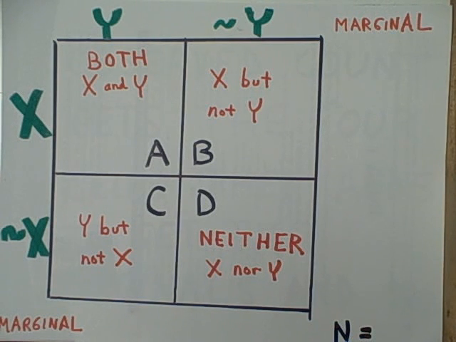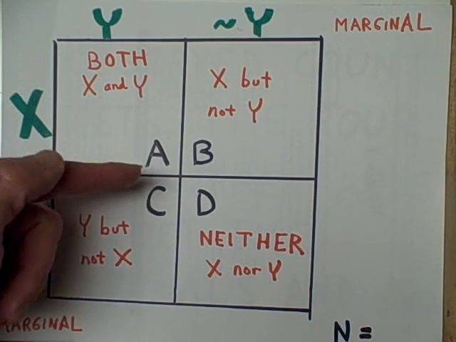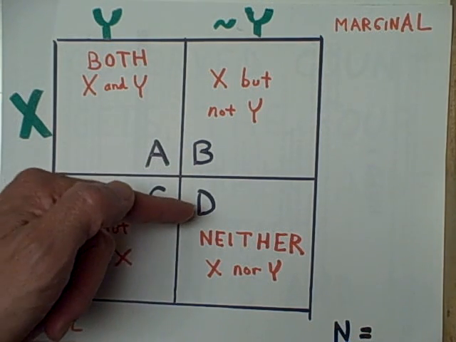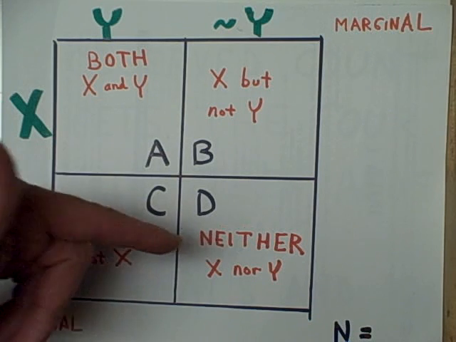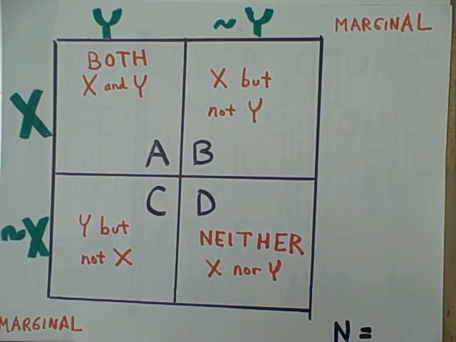The resulting four cells, A, B, C, and D, will represent the different possible interactions between variables x and y. Cell A will be those cases where both x and y are present. Cell D will be where neither x nor y is present.